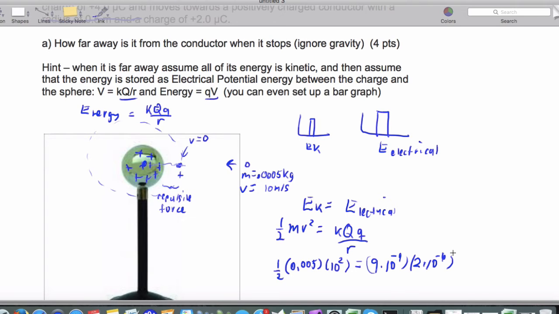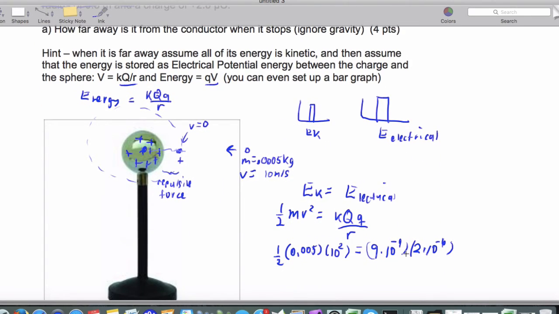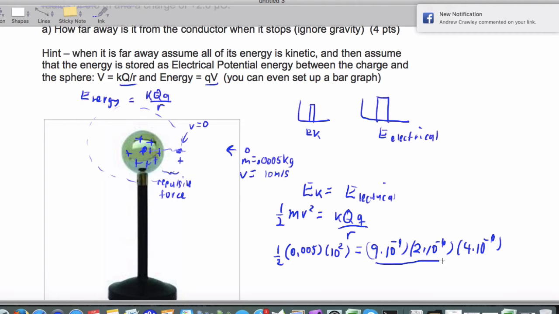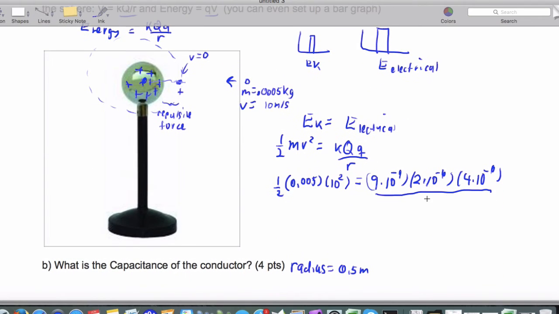And then the Q of the charge that's interacting with this conductor is 4 times 10 to the negative 6. And the distance separating them is the unknown that we're solving for.